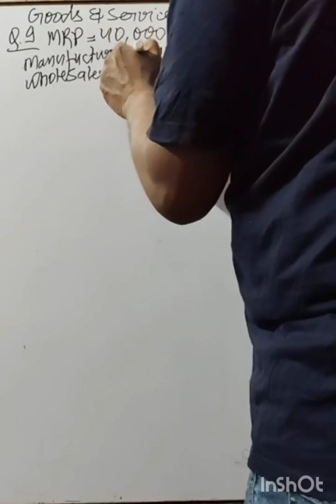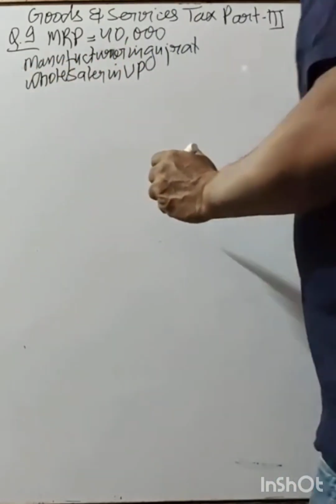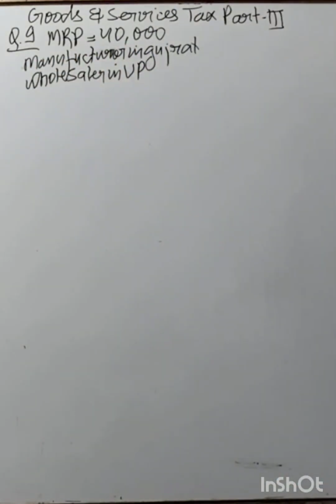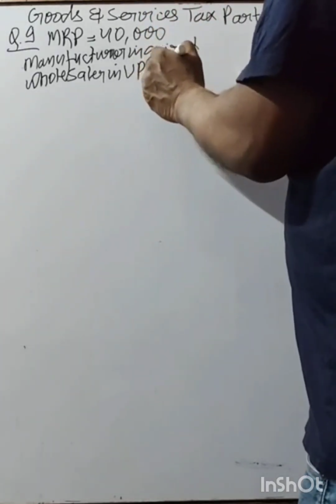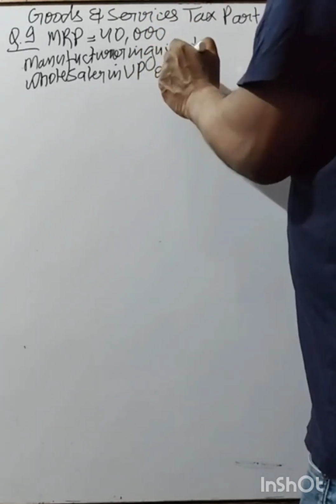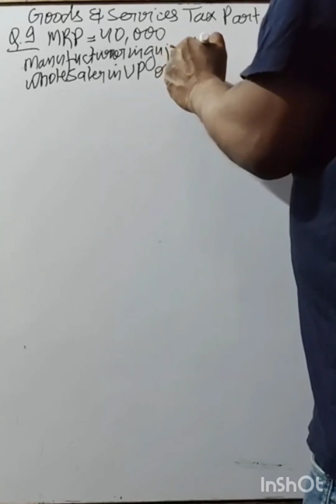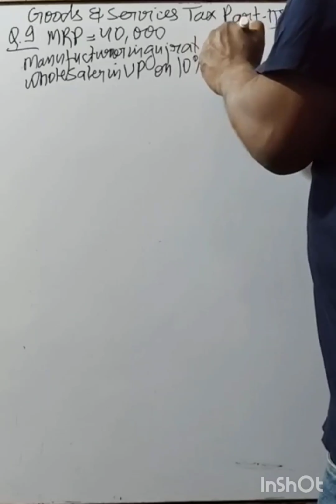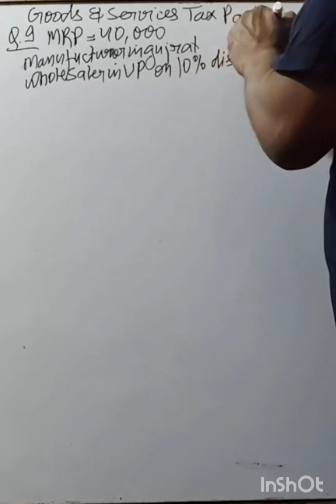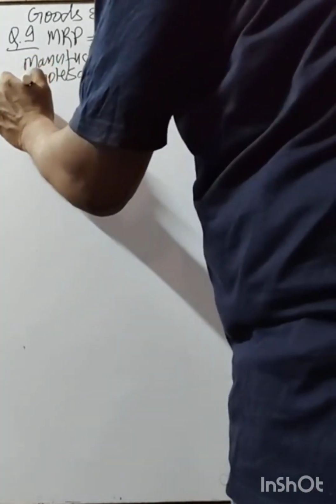Now, at the discount of 10% on the printed price. The wholesaler buys an article from the manufacturer in Gujarat at the discount of 10% on the printed price. The wholesaler sells the article to the retailer in Himachal at 5%.